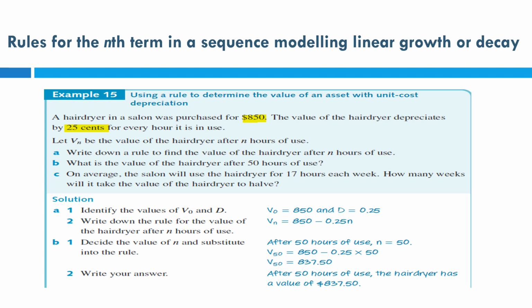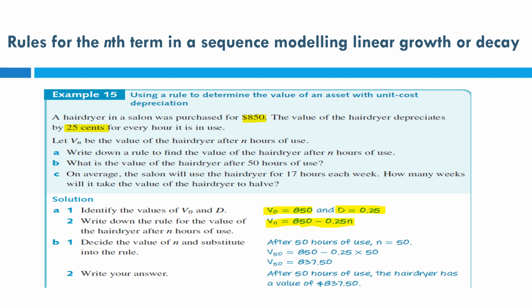So we've started with an initial value of 850, so that would be our V0, and it depreciates by 25 cents, so we would change that to 0.25, and we're saying that that's for every hour. So if you have a look in the solution there, the rule would be Vn is equal to 850 minus 0.25 times the number of hours that you're using that.